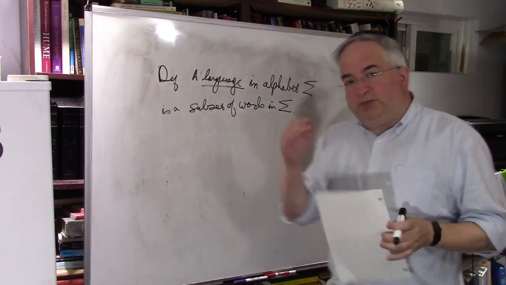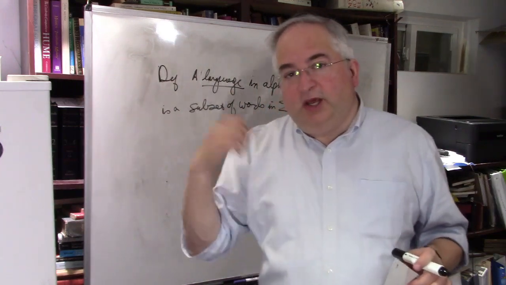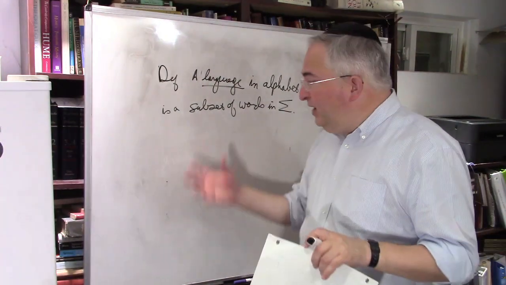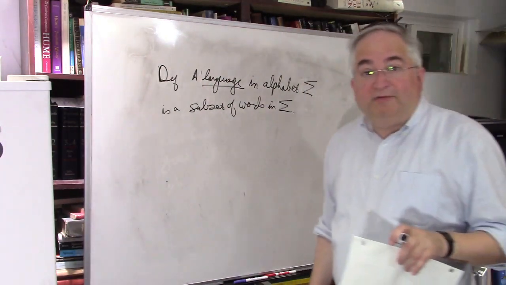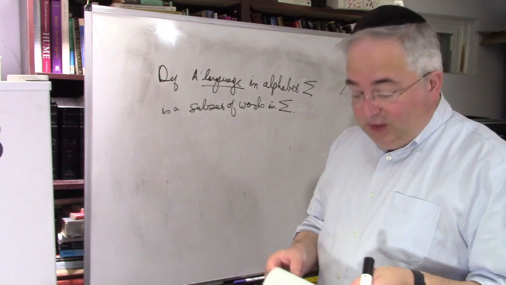So we have this progression: you start off with symbols, then you have words, then you have languages. Not every sequence of letters is a word in every language.